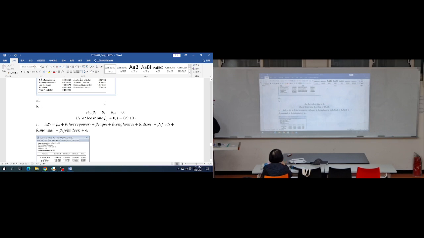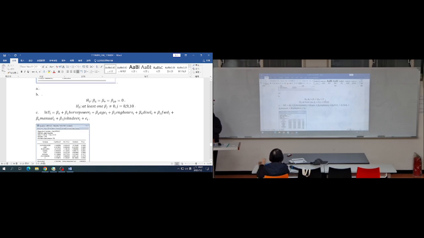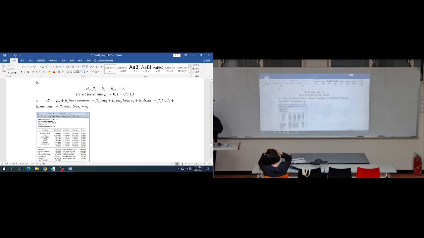And the B part is to write the null and alternative hypothesis. So this is what I hypothesize. And the C is the constraint equation. I refer to the textbook. It means the equation when the null hypothesis is correct.